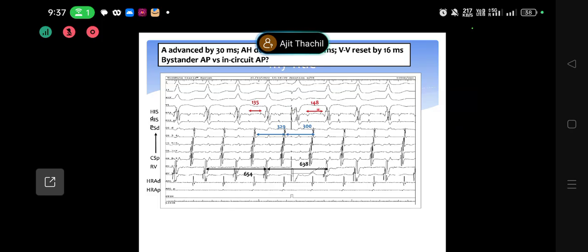Just by sheer chance, at this moment, the transitional fibers of the AV node, the AH, decremented by only 13 milliseconds, whereas the AA was advanced by 30 milliseconds. So the remainder, to be precise, is 29 milliseconds, 329 to 300. So 29 minus 13 is 16 milliseconds. The VV got preponed by 16 milliseconds.